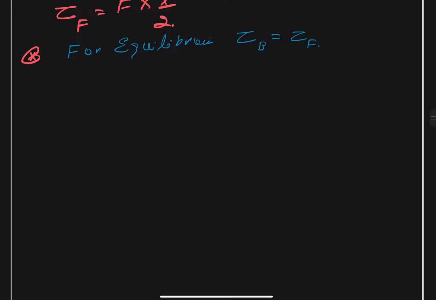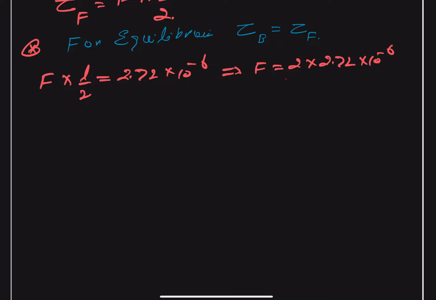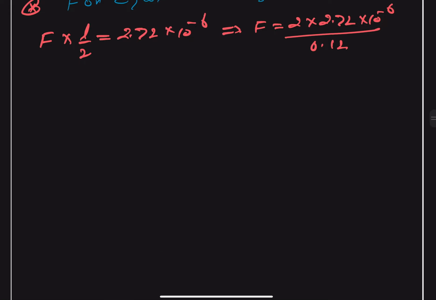We simply substitute the values. We get F into L by 2, and tau F we calculated as 2.72 into 10⁻⁶. So F will be equal to twice 2.72 into 10⁻⁶ divided by the length, which is given as 0.12. So this gives us that the applied force will be close to 4.53 into 10⁻⁵ Newton.